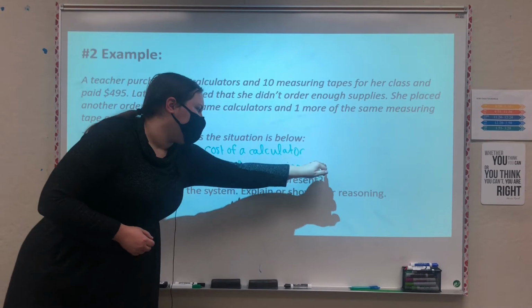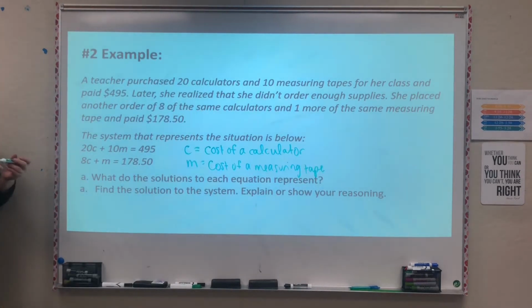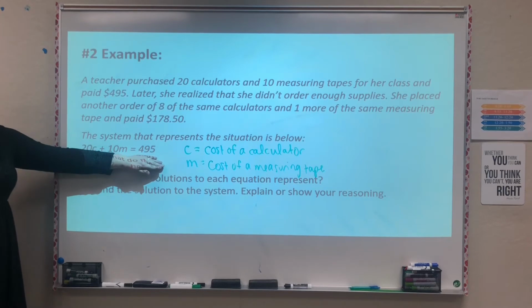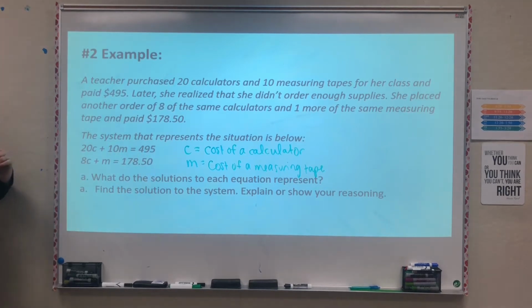Okay, so that question said, what do the solutions for each equation represent? You told me where this equation comes from. For it to be a solution for just the first equation, what does that mean? It would be how much it would cost to buy 20 calculators plus how much it would cost to buy 10 measuring tapes. Or well, it would give you the price for buying that many.